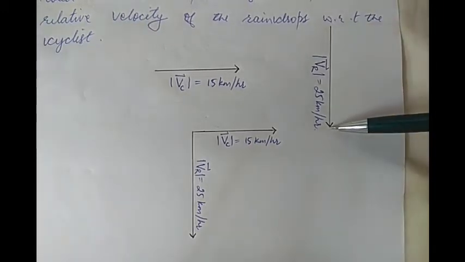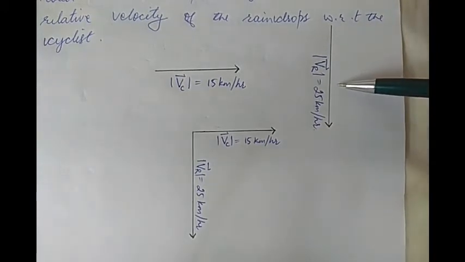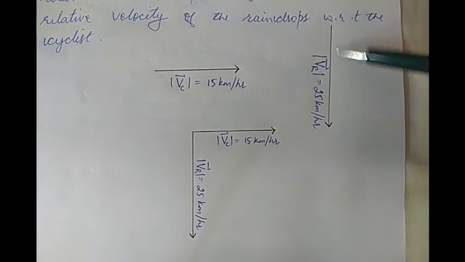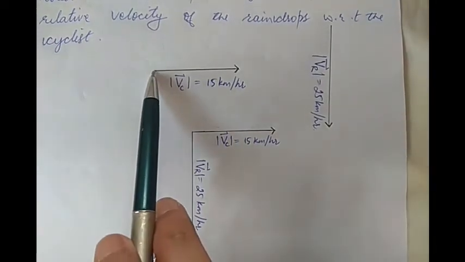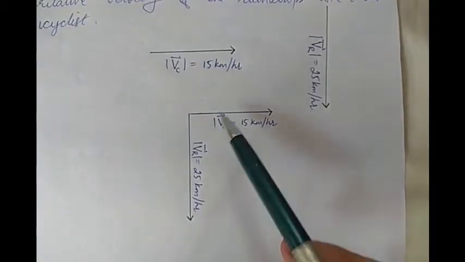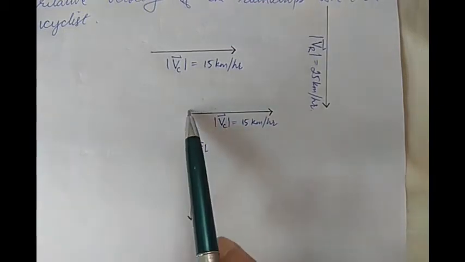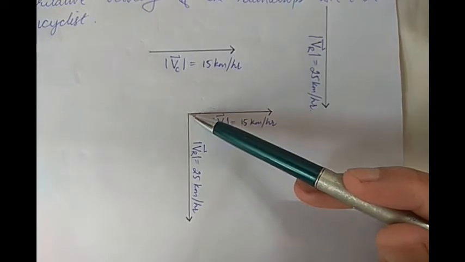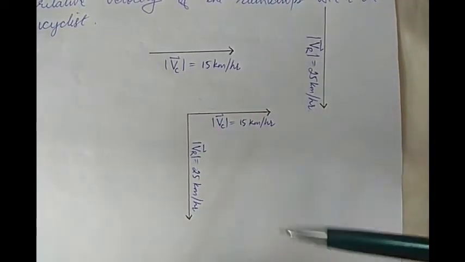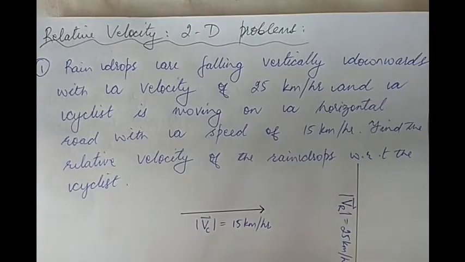Likewise, keeping the magnitude and direction of this vector VR fixed, what we do is we take this vector at this point, such that we get a scenario like this. So this is your VC, the velocity of the cyclist, and this is your VR, the velocity of the raindrops. Mind you, here the direction is fixed, the magnitude is also fixed, so therefore this VR and this VR are equal vectors.